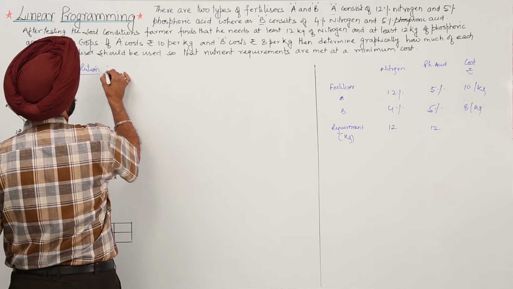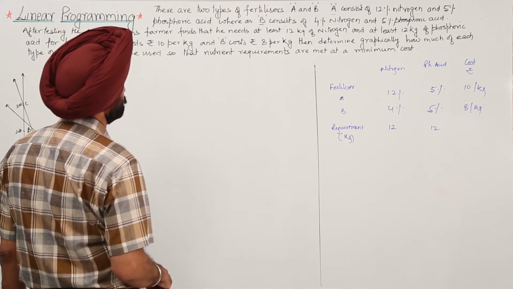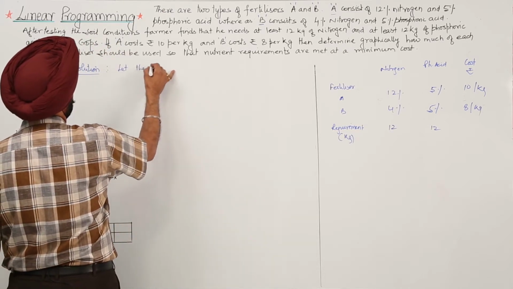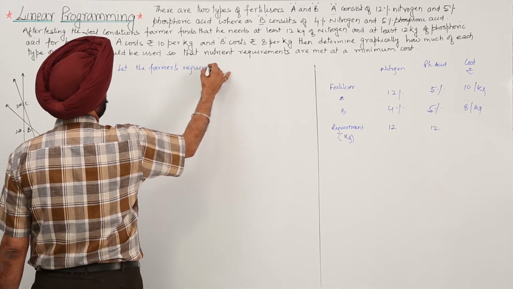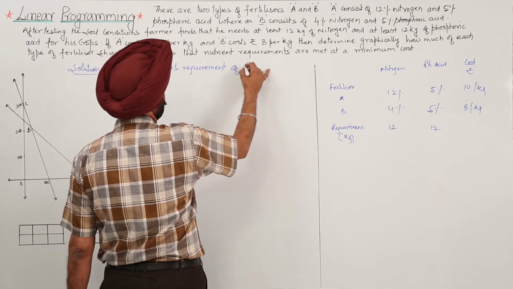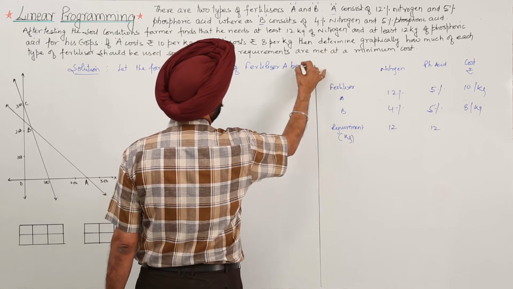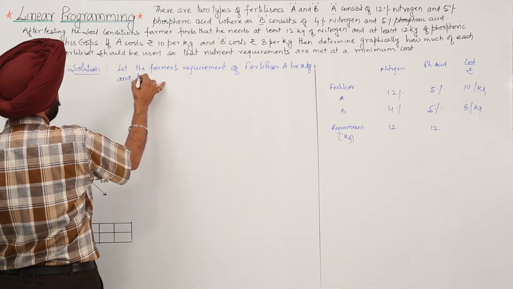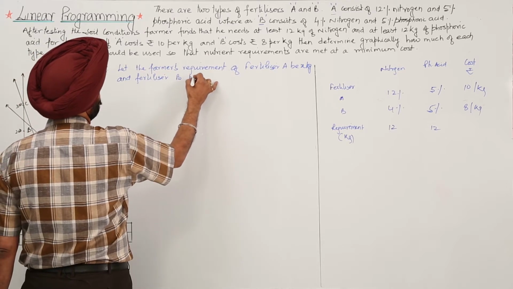Now there are two types of fertilizers. Let the farmer's requirement of fertilizer A be x kilogram and fertilizer B be y kilogram.